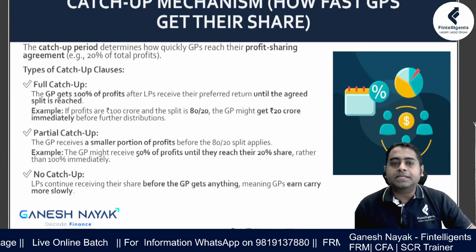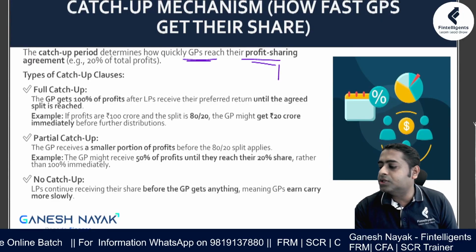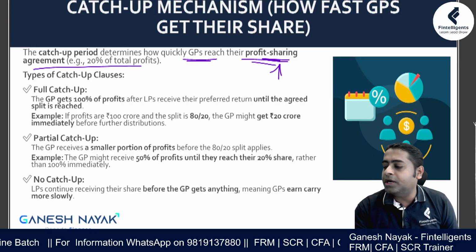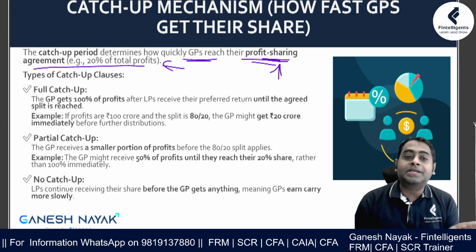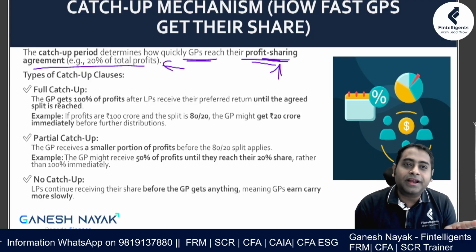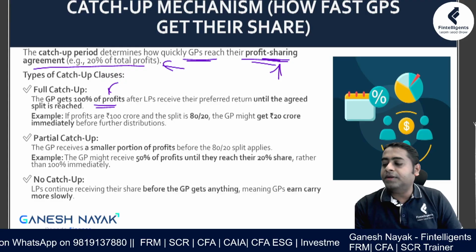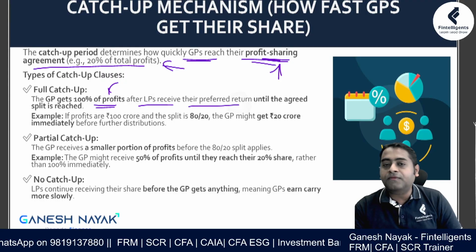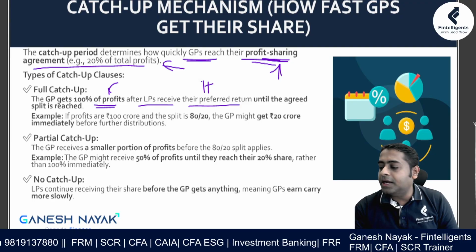Okay, the catch up mechanism. The catch up period determines how quickly the GP reaches their profit sharing agreement of 20% of the profit. We talked about 100% catch up in the previous case, right? The GP gets full catch up, or 100% of the profit, after the LP receives their preferred interest. This is the same thing. First you pay the hurdle rate.